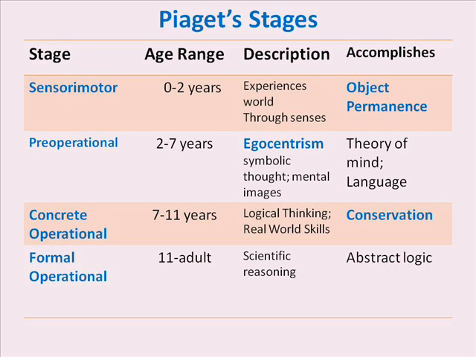During the next period, formal operations, which can begin to occur at age 11 but usually doesn't until much later, the child begins to be able to do hypothesis testing and think logically about abstract and scientific reasoning. Abstract logic helps the child develop a more adult perspective on the world.